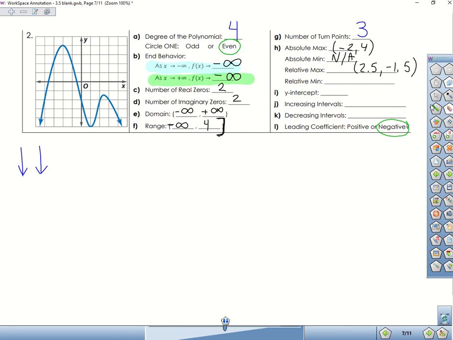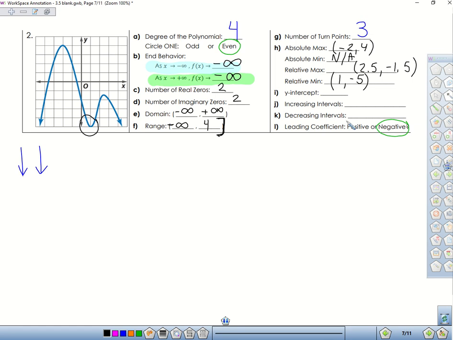So now we don't have an absolute min, but we have a relative min, don't we? This little one right here. So the coordinates for your relative min are positive 1, comma, negative 5. You guys see how I got that?